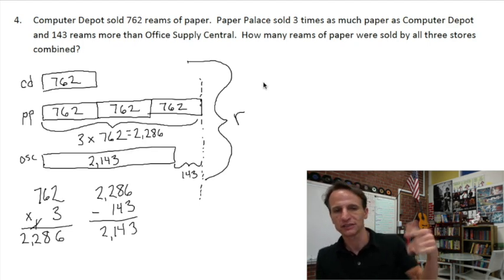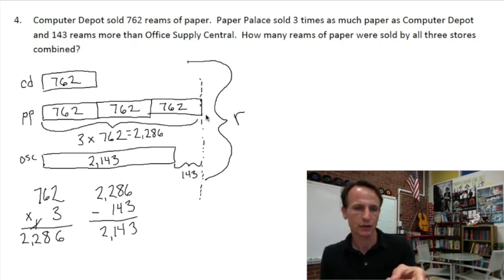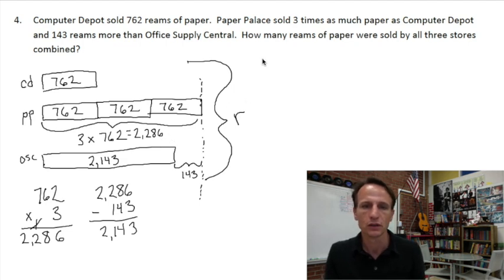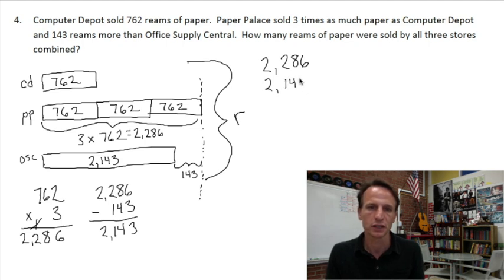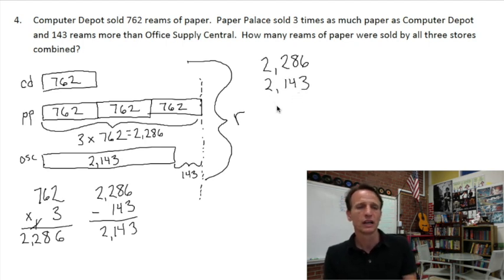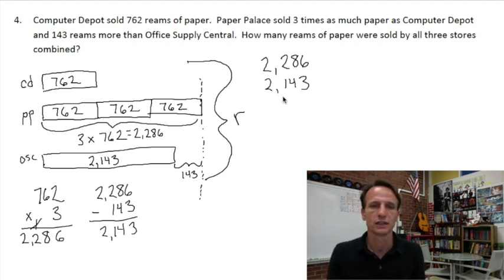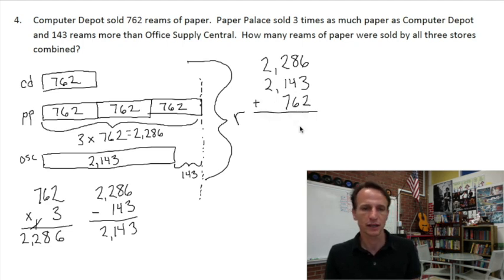But I like to place the largest number on top, and that would be this 2,286 from Paper Palace, and then the 2,143 of Office Supply Central, and the laughably small Computer Depot's total of 762. We can add this all up, and that actually will give us R, so I could put an equal sign here.